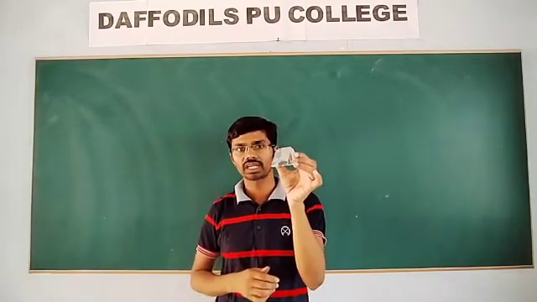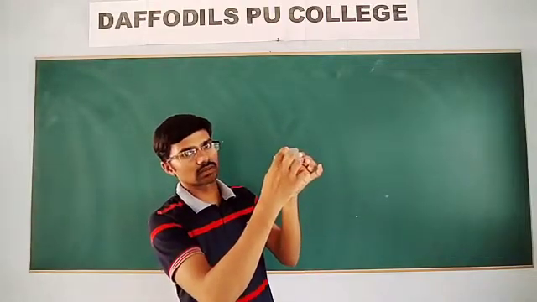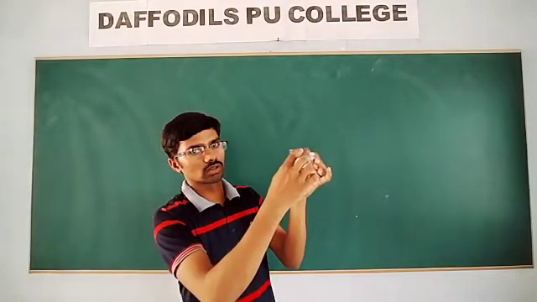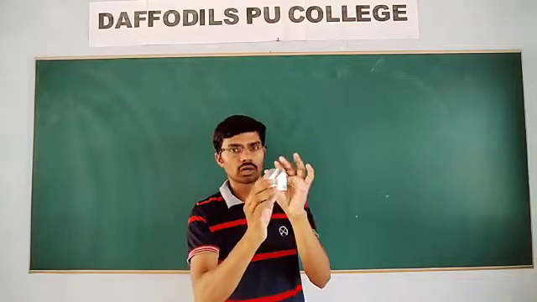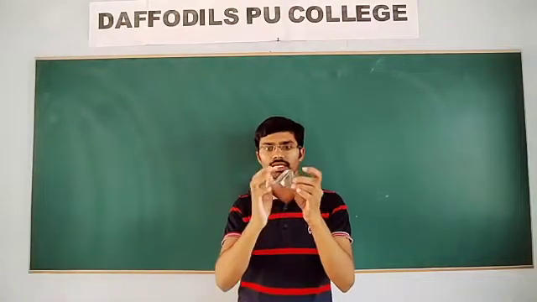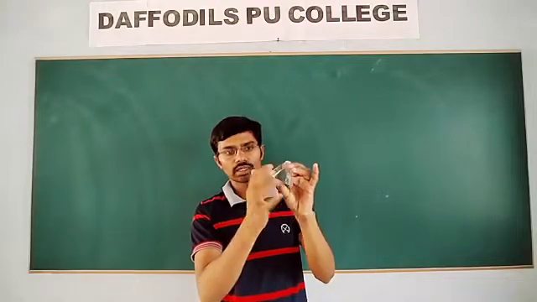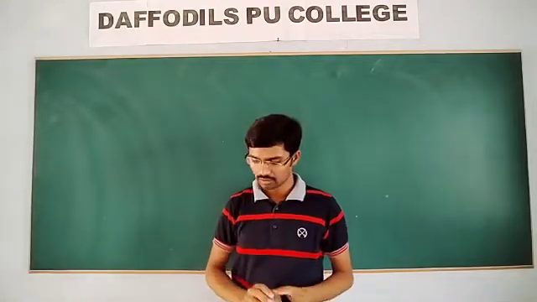Moreover, you can see here one rectangular face, and this is the fourth, and this is the fifth. That means overall we have three rectangular surfaces and two triangular surfaces in a prism.